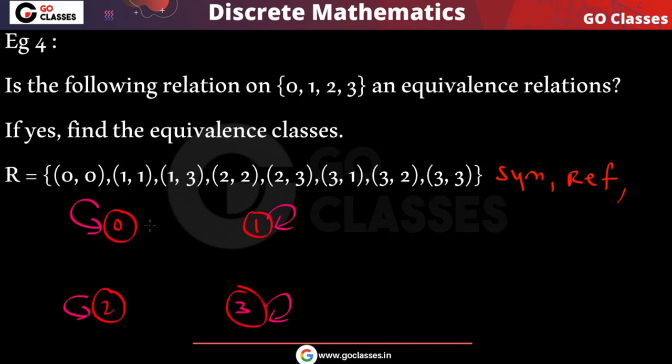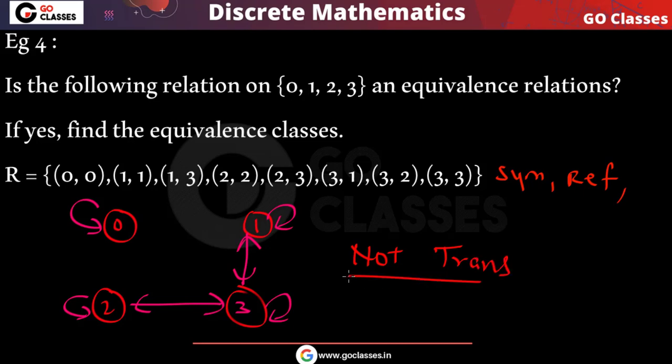Now you can notice 1 related to 3, and 3 related to 1. Next, 2 related to 3, and 3 related to 2. Now is this transitive? This is not transitive. Why is this not transitive?